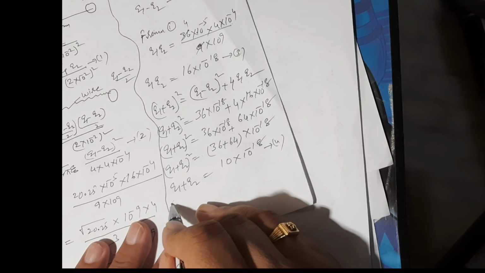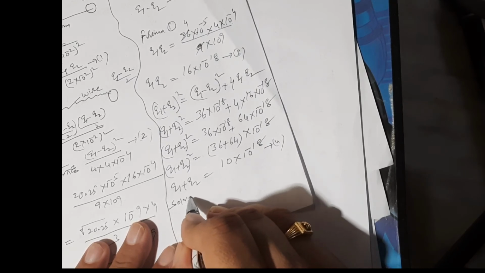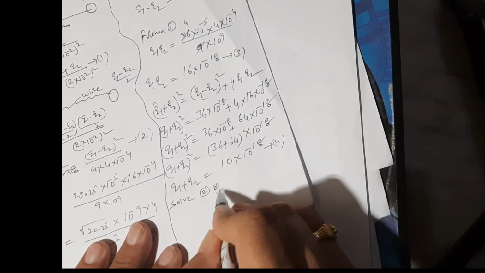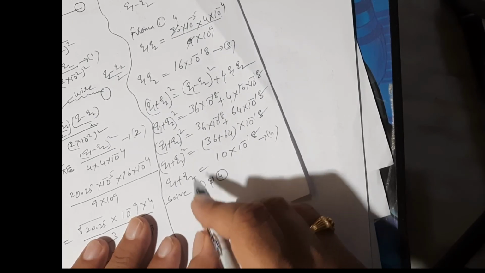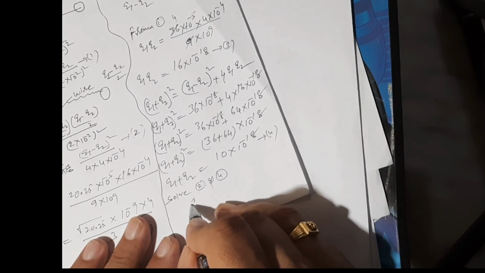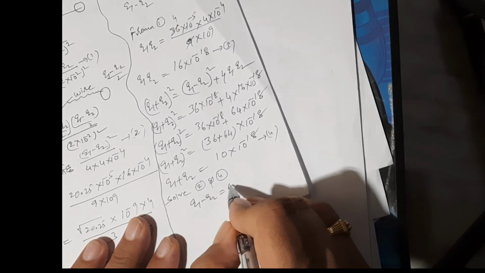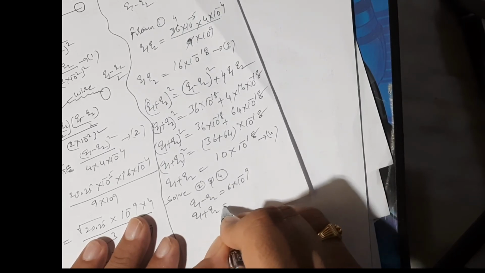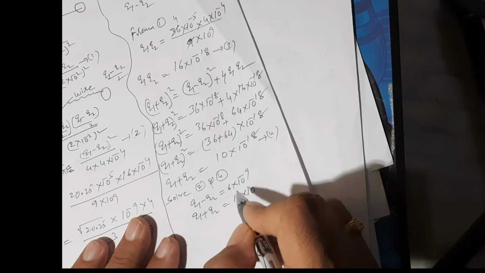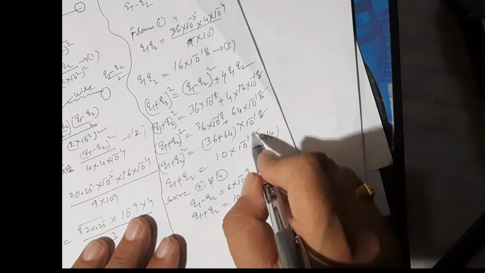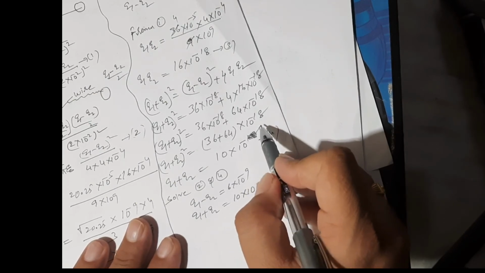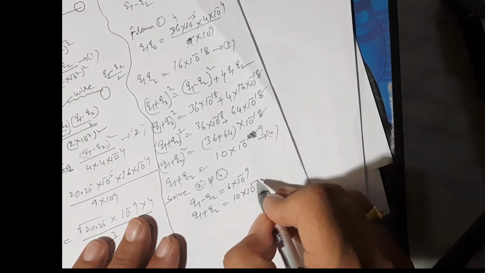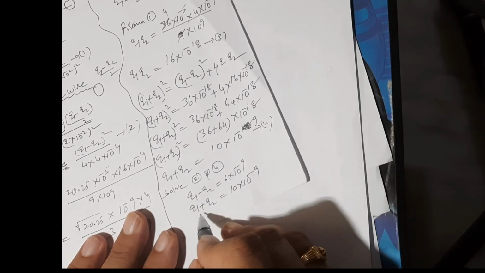Solving the second and fourth equations by adding them: q1 minus q2 is equal to 6 into 10 to the power of minus 9, and q1 plus q2 is equal to 10 into 10 to the power of minus 9, because the square root of 10 to the power of minus 18 is 10 to the power of minus 9.